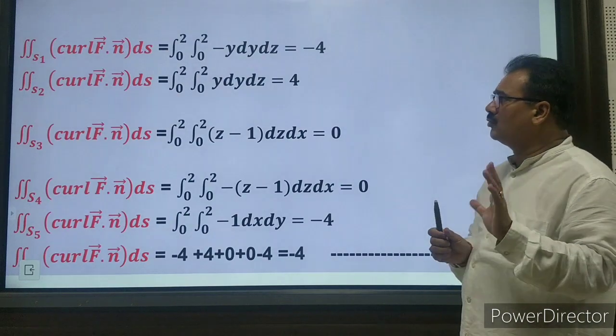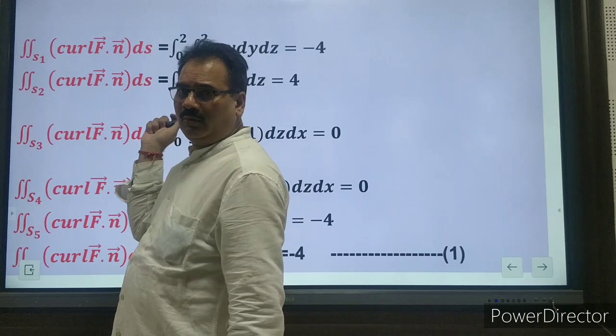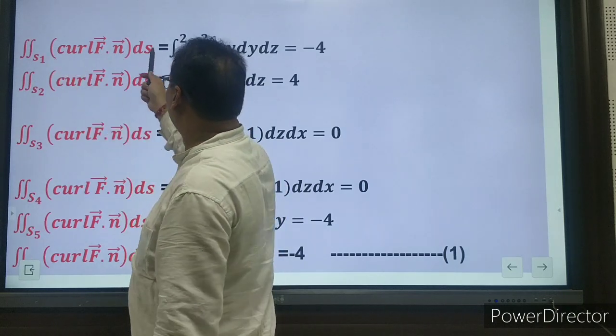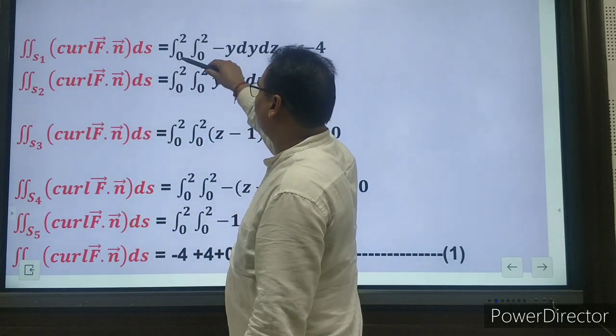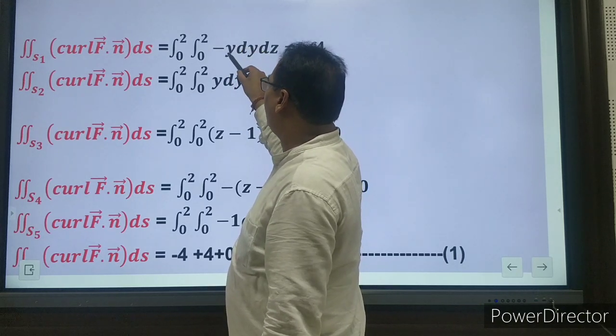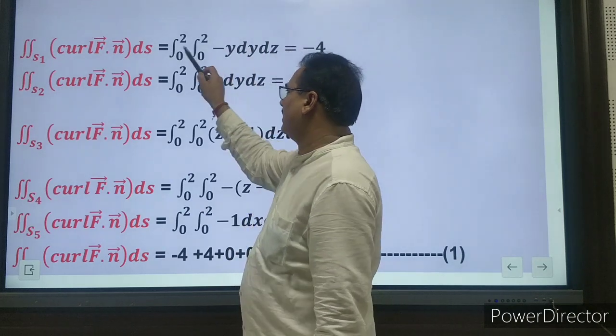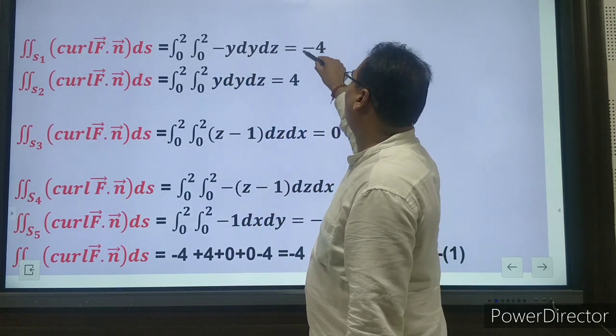Now we have to calculate. S1 we have to calculate as per the previous table. The integral is from 0 to 2, and again 0 to 2, of minus y dy dz, and on calculating this double integral you will get minus 4.